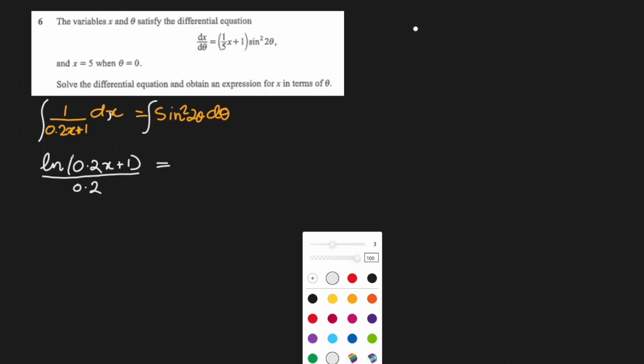Second one, there is no direct integration for sine square. So what will we do? We'll use an identity to integrate this one. The identity in your formula sheet has three options for cos 2a, but I'm choosing the one which has sine square in it because our question is about sine square.